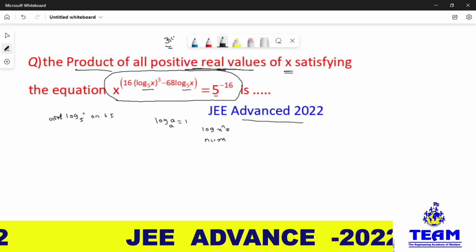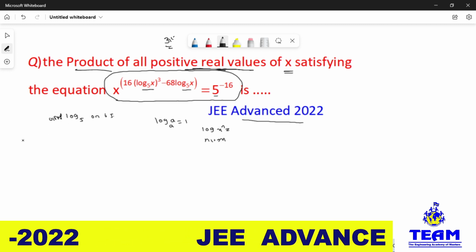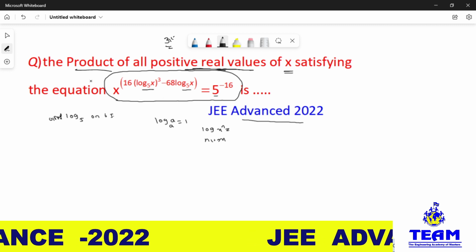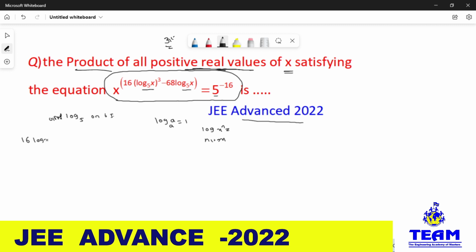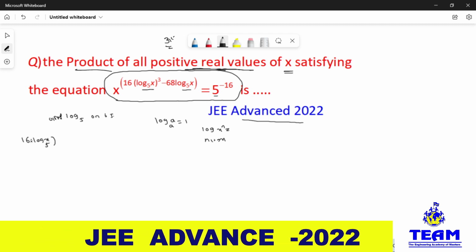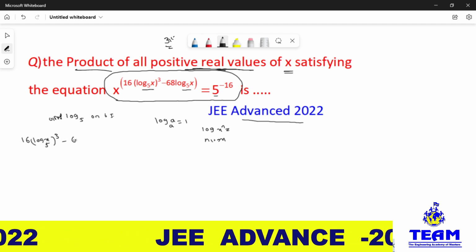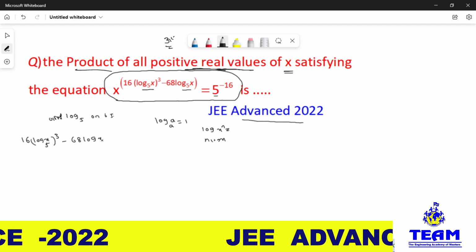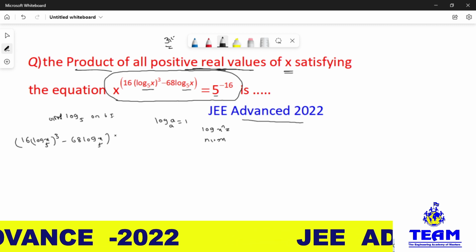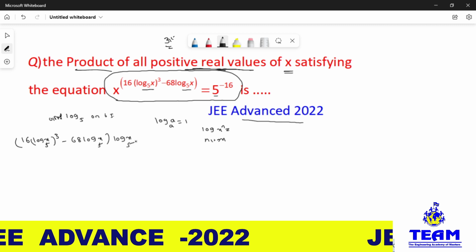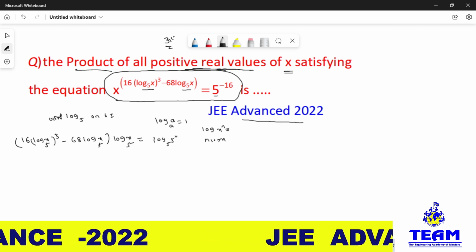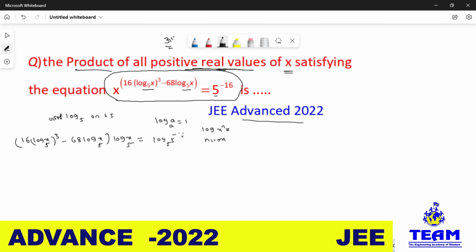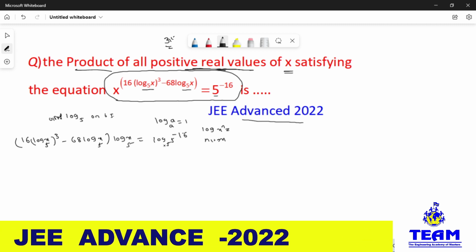Yes. So applying it directly, the power comes in front: 16 times (log x base 5) whole cube minus 68 times log x base 5, into this log x base 5. On the right side we have log 5 base 5 to the power minus 16, and log 5 base 5 is 1.